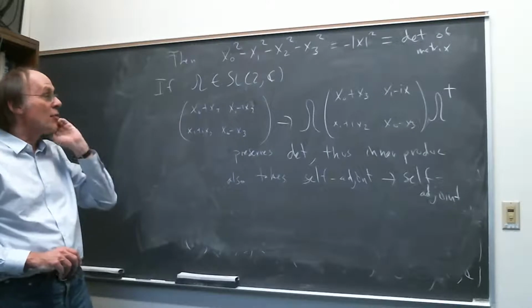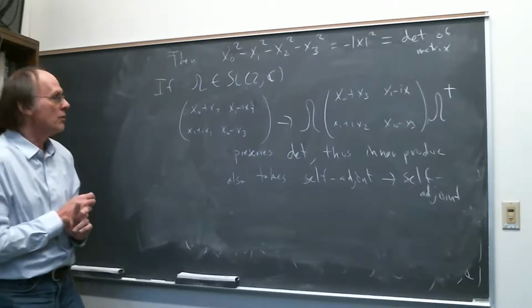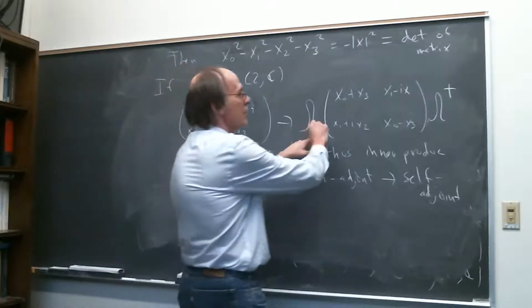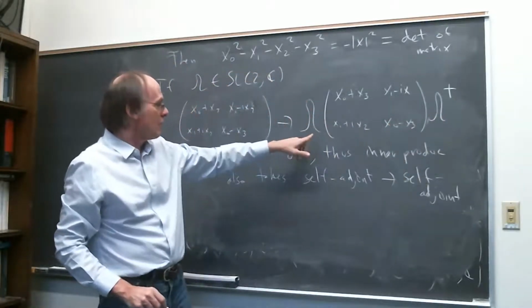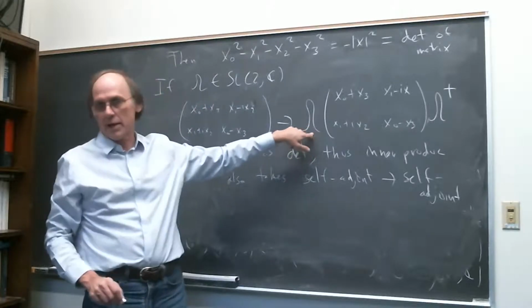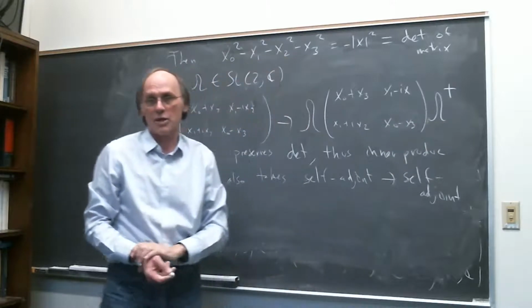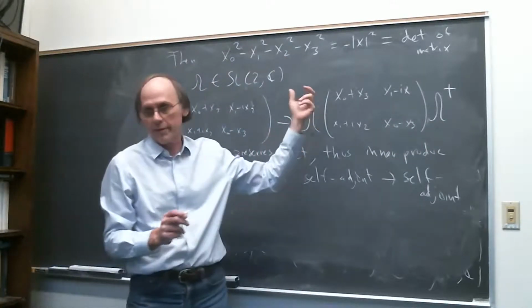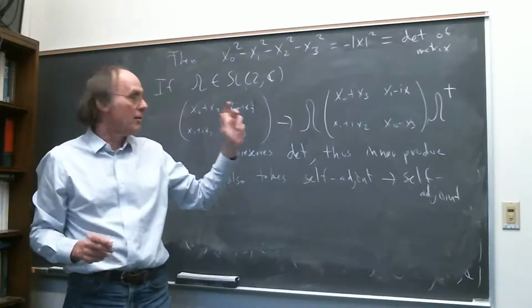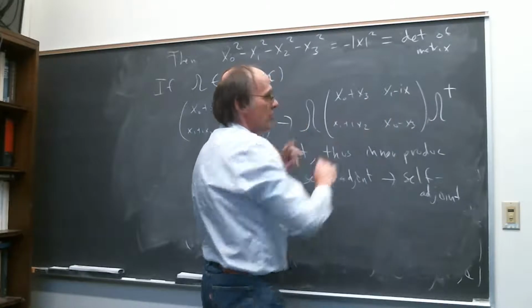Then if you want to understand how the Lorentz group acts, you just look at multiplication on one side by an SL2C element, on the other side by the adjoint matrix, and because they're both in SL2C, they'll preserve the determinant, and because you have the adjoint here, they'll preserve the adjointness.